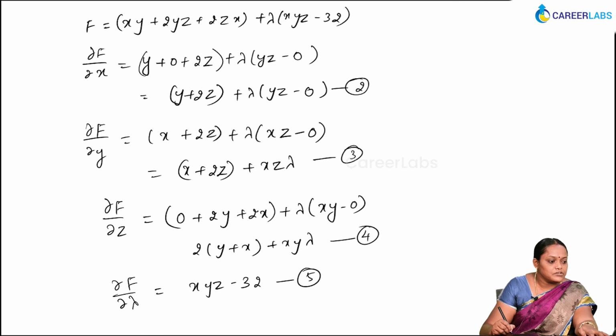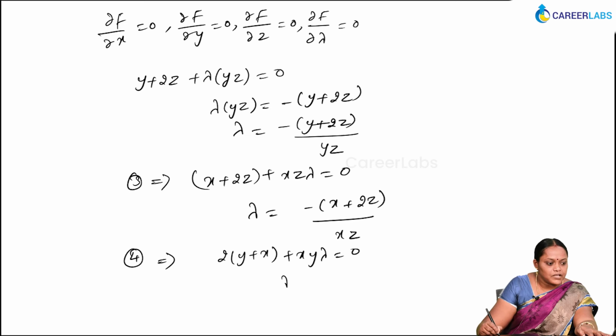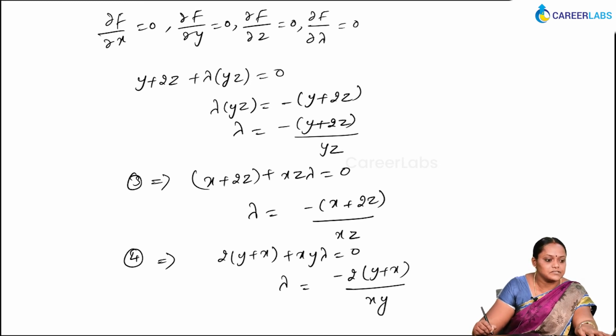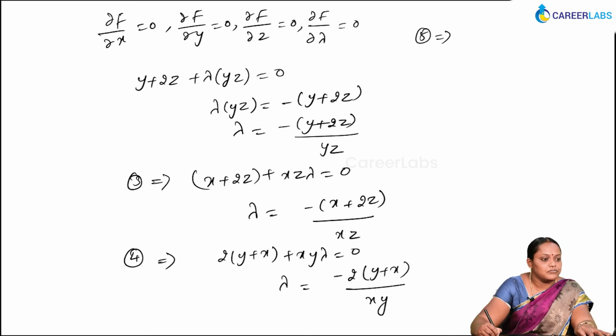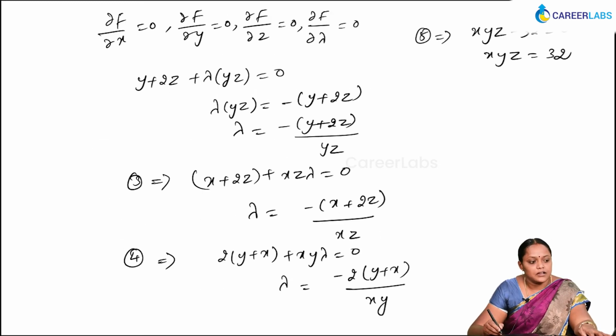Similar way, from the equation number 4 we get 2 times of y plus x plus xy lambda equal to 0. From here you can get the value of lambda as minus 2 times of y plus x divided by xy, okay. And from the equation number 5 we get xyz minus 32 equal to 0, that is nothing but xyz is equal to 32. So we can observe that all these things are nothing but lambda.